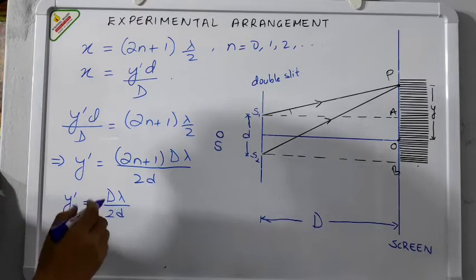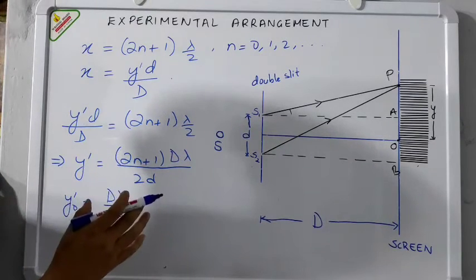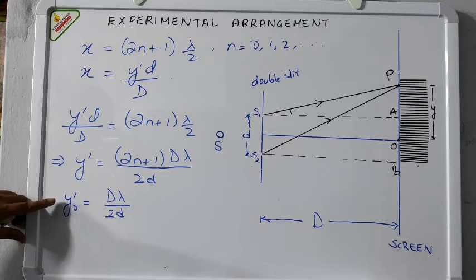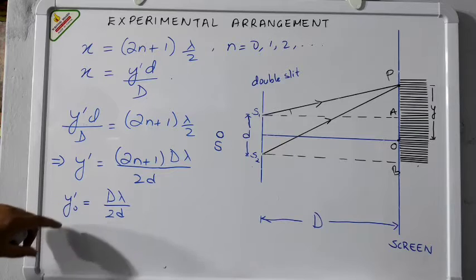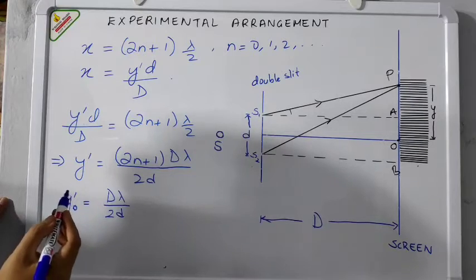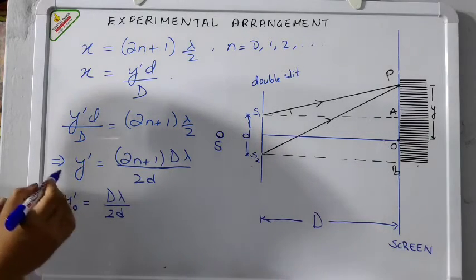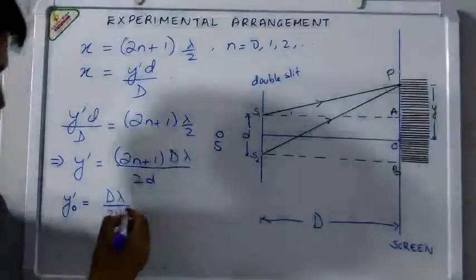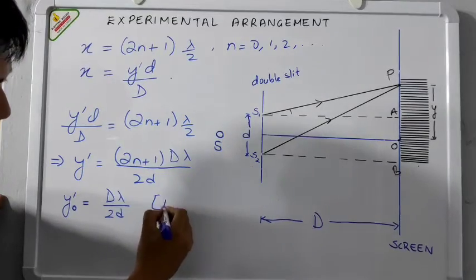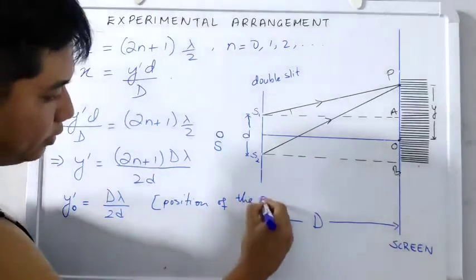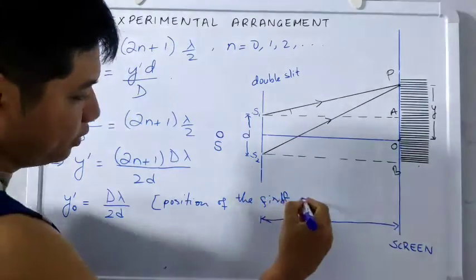It is very important, and also it may be confusing: y dash 0 is not the position of the central dark fringe. It is the position of the first dark fringe on either side of the center O.